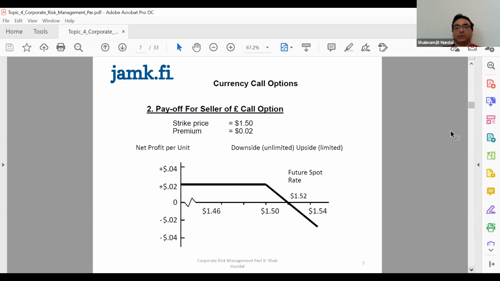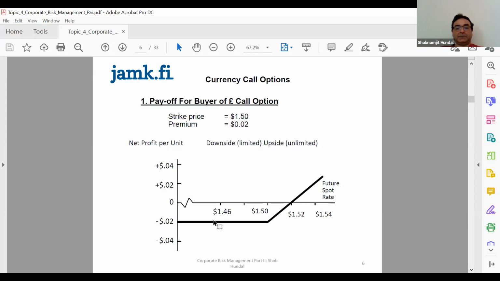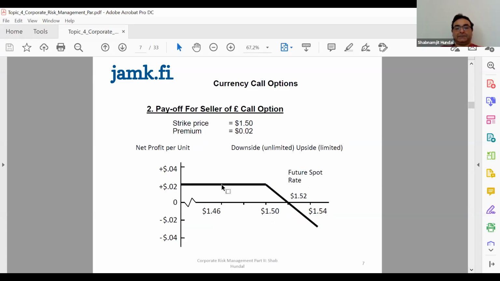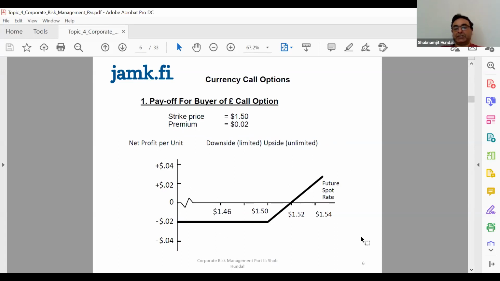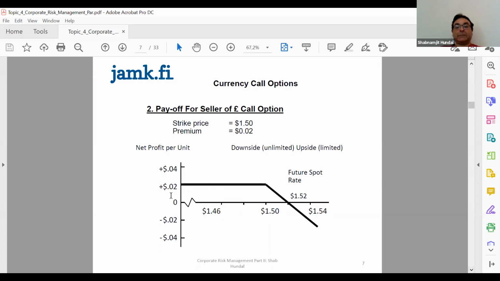So when the buyer loses, the seller gains. And here, for example, for the buyer, the maximum loss was 2 cents. For the seller, the maximum gain is 2 cents.